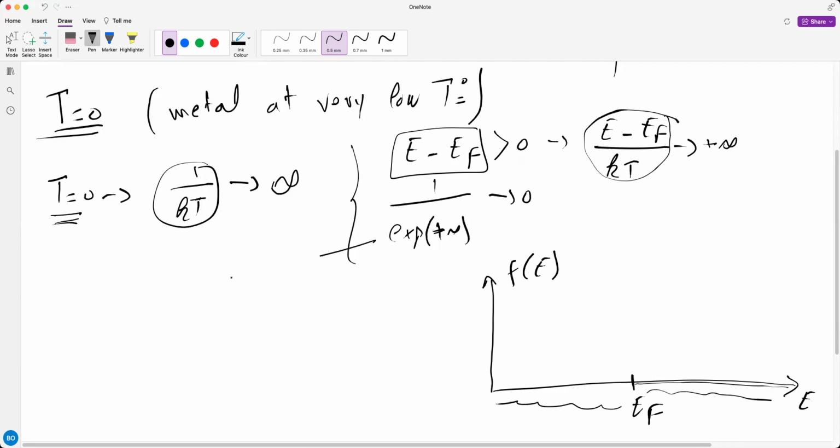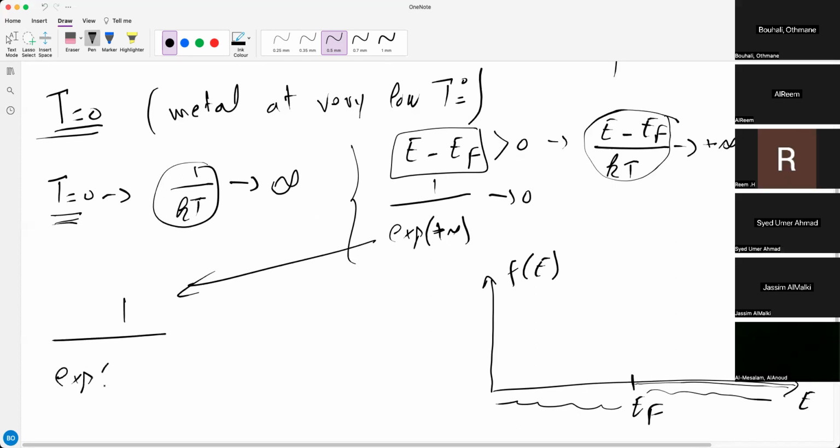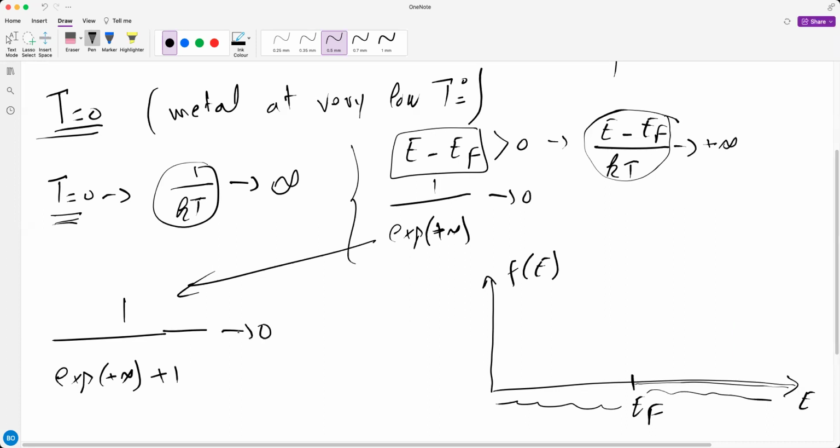My function, 1 over exponential of plus infinity plus 1, goes to 0. So this means at T equals 0, all those states here will not have any occupation. There will be no electrons. Are you following? Is this clear?